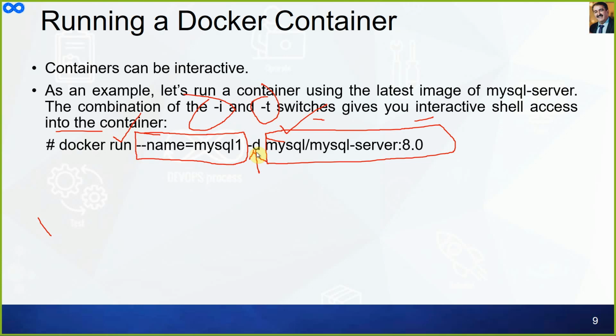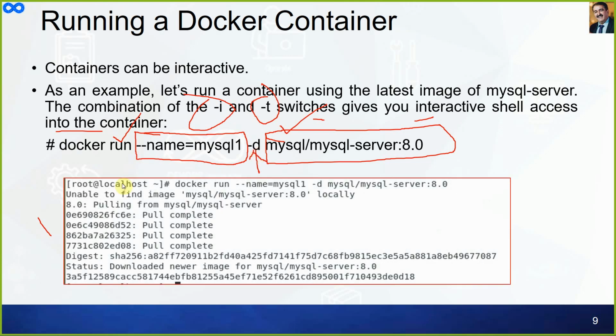So if you want to run this container and also get back the shell prompt, then you have to run it in detached mode, -d. So docker run, --name mysql1, detached mode, the account name mysql, the image name mysql-server, and 8.0 is the tag name. Again, notice that I am running directly without pulling the image, so it will do the same process here: unable to find the image locally, then it will pull the image from Docker Hub, and then it will run the container based on this image.